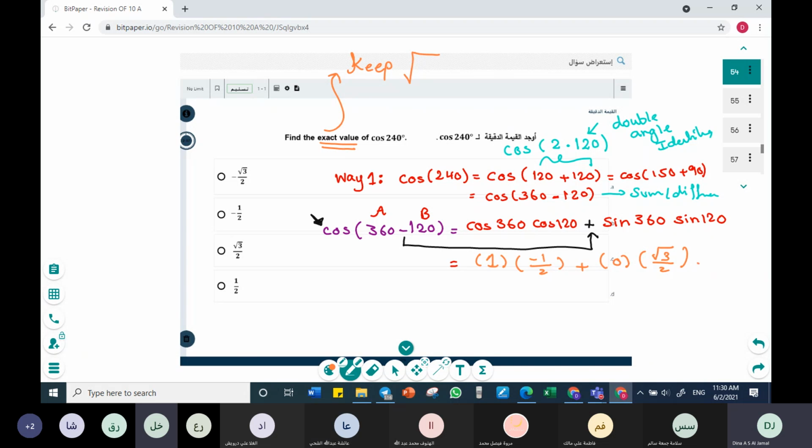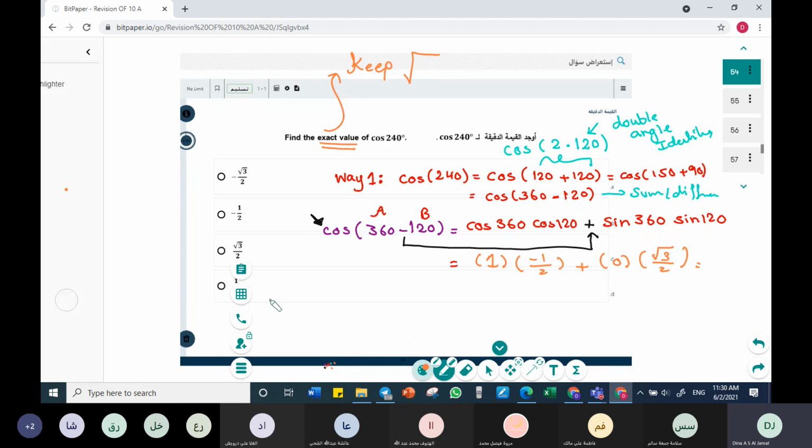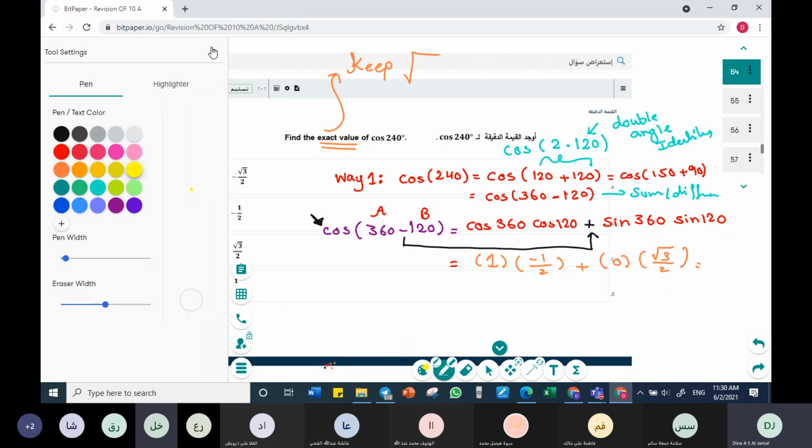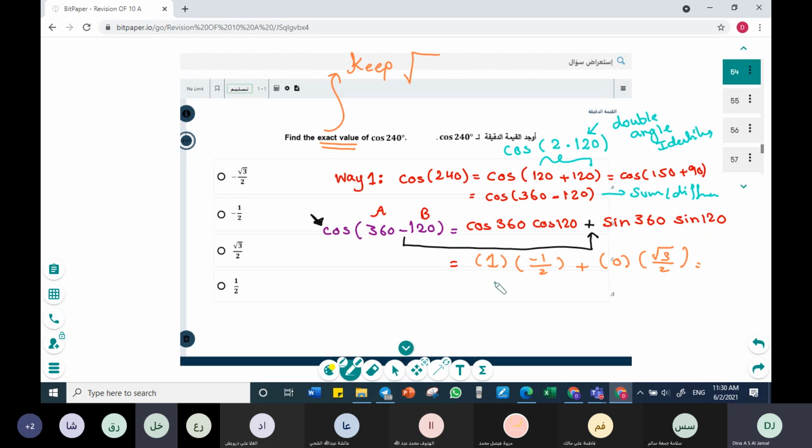Perfect. Now, ladies, how can I simplify this? Shall I take minus 1 over 2 plus square root of 3 over 2? No, we have 0, so 0 will cancel the square root of 3 over 2. Excellent.